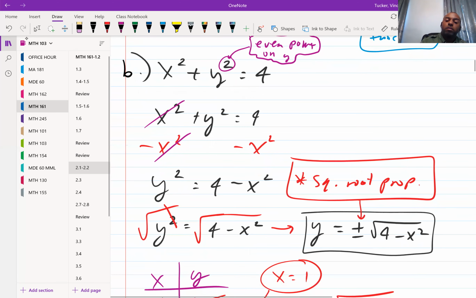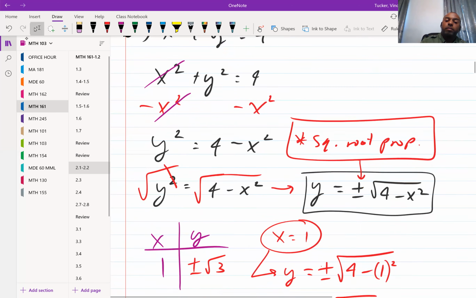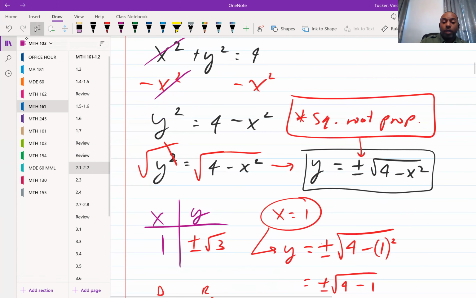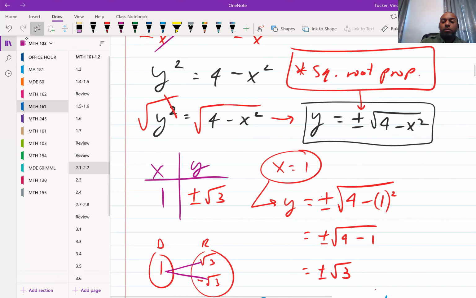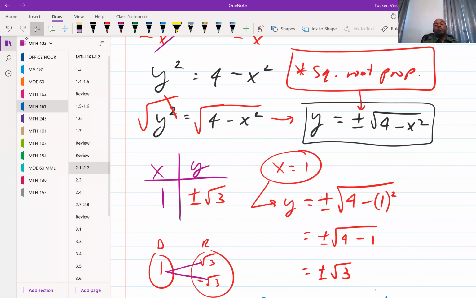Scrolling up. So when I plug in 1 for x, I get plus or minus square root of 3.